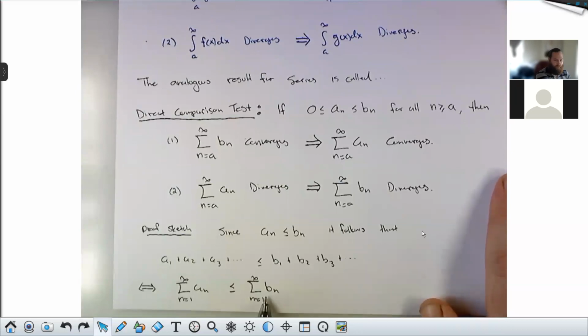So if this guy is finite, then this guy has to be finite, right? If you're smaller than something finite, you must be finite. On the other hand, if this guy is infinite, then this guy has to be infinite because this guy is bigger than this guy. And if you're bigger than infinity, you got to be infinity.